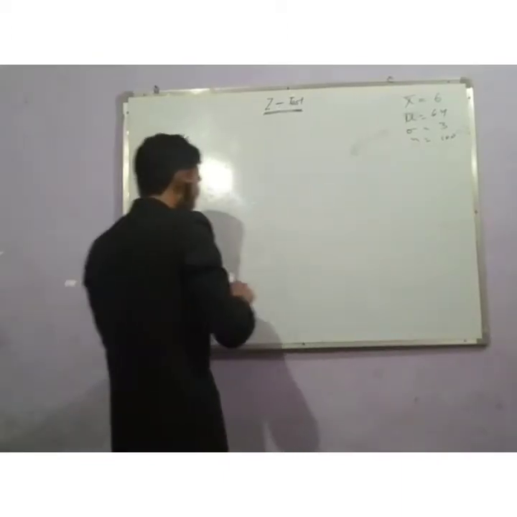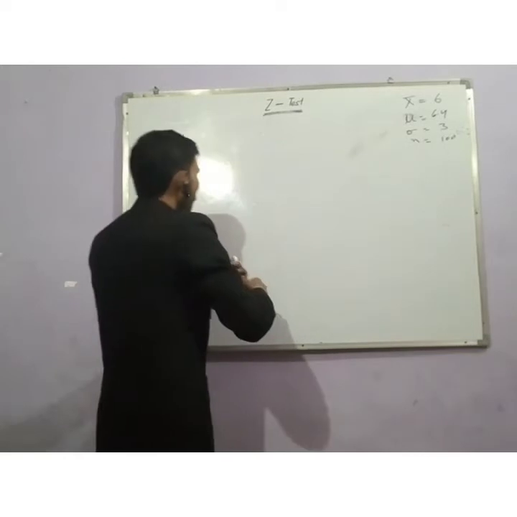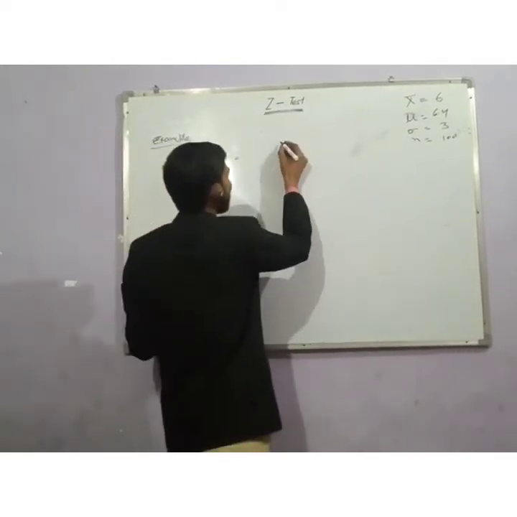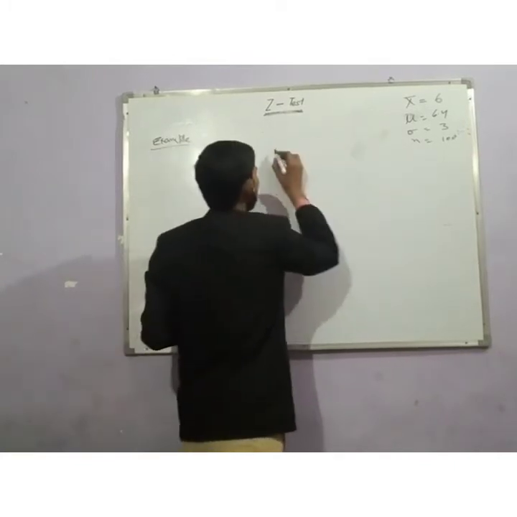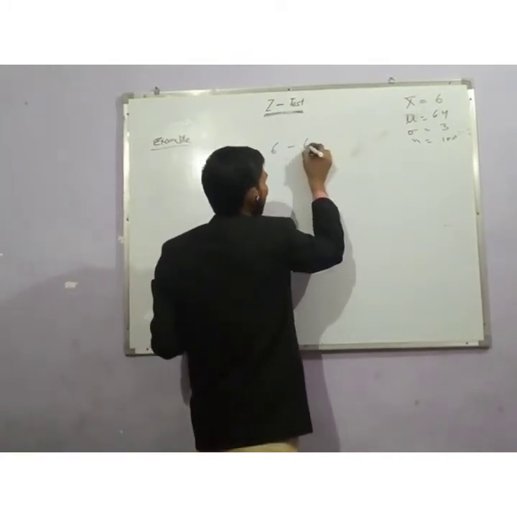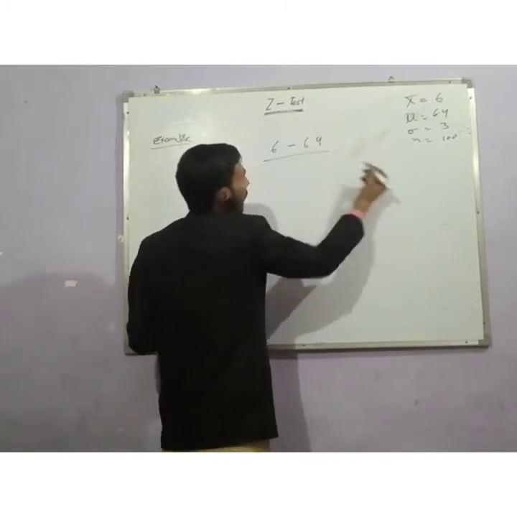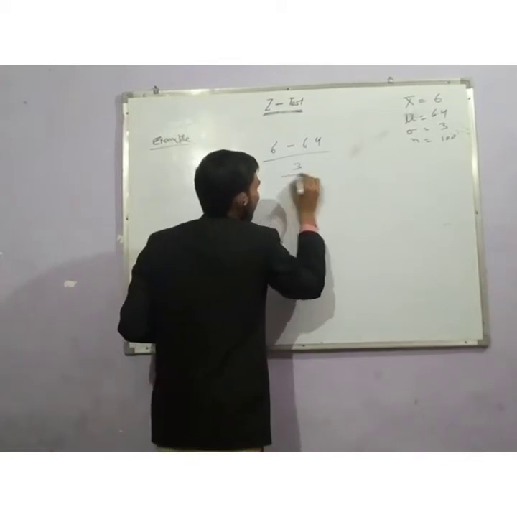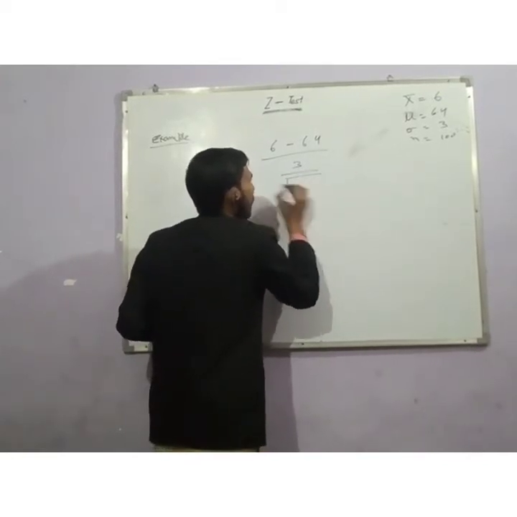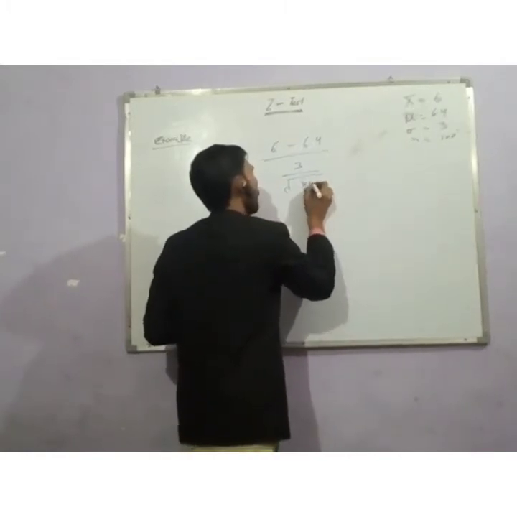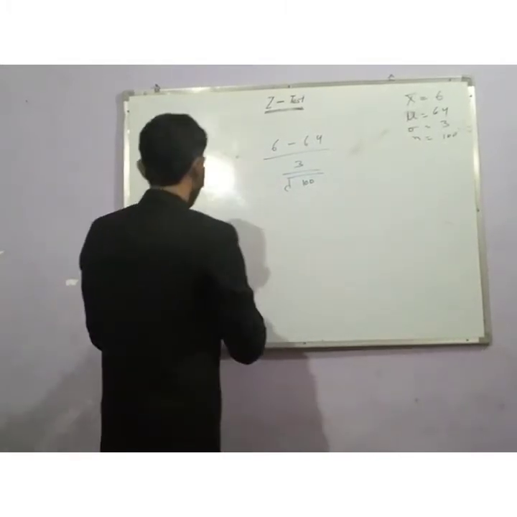Now put the values in the formula. Z equals x bar 6 minus mu 6.4 divided by population standard deviation 3 over under root 100. Okay, now solve it.